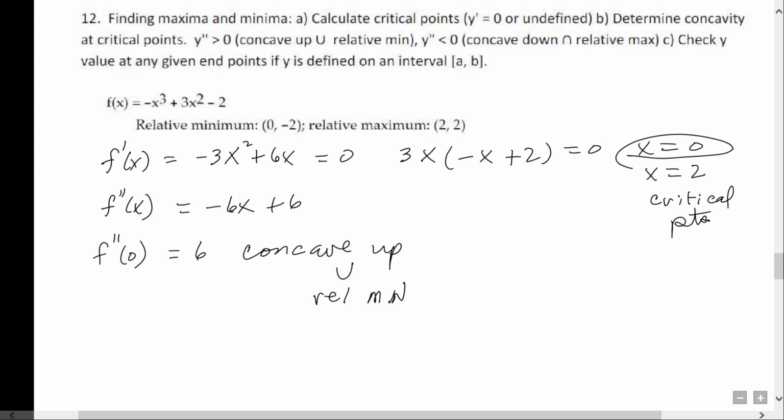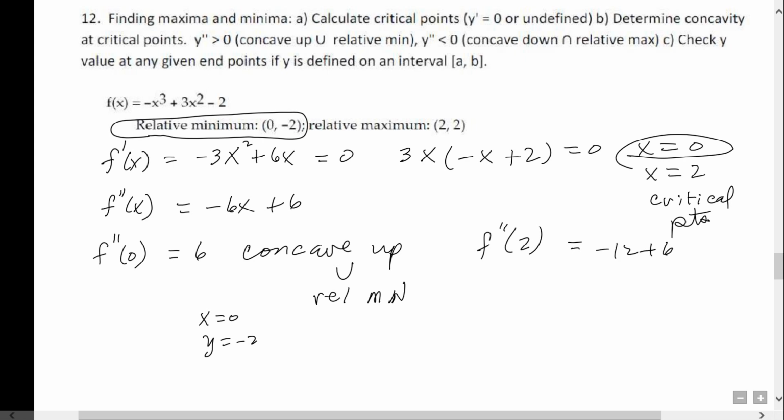Plugging in x equals 0, you get y equal minus 2. So we determined that the point 0, minus 2 is a relative min. And now let's check the second derivative at 2. We get minus 12 plus 6, which is less than 0, so it's concave down.